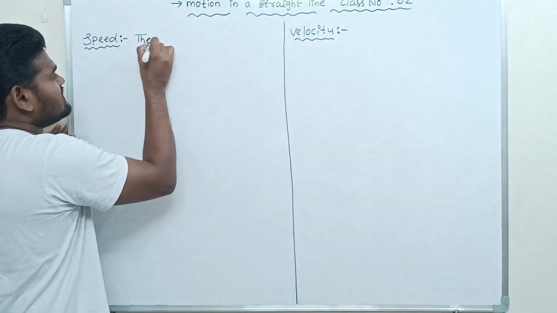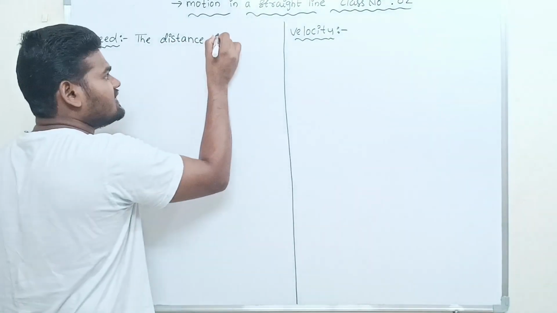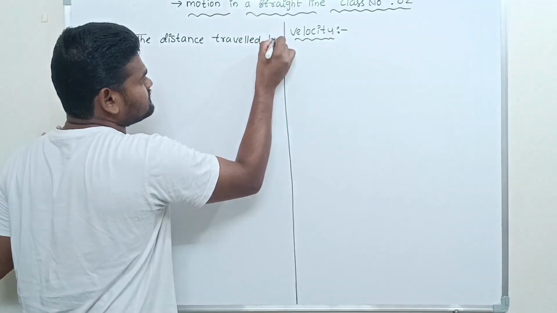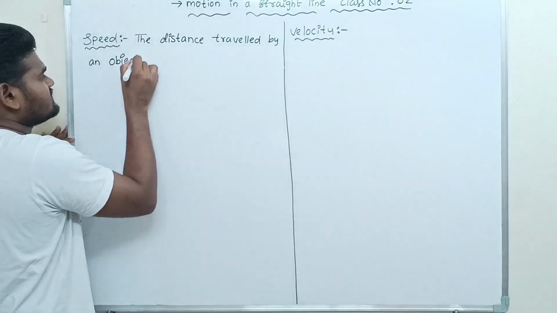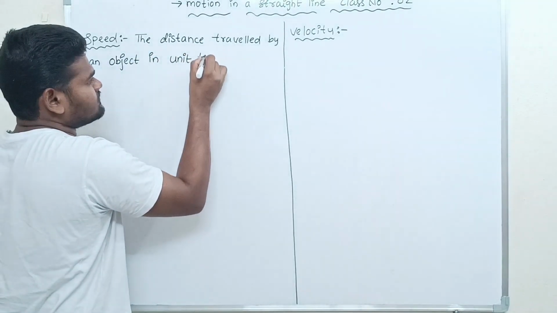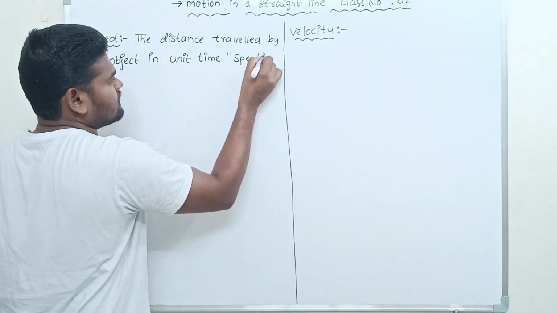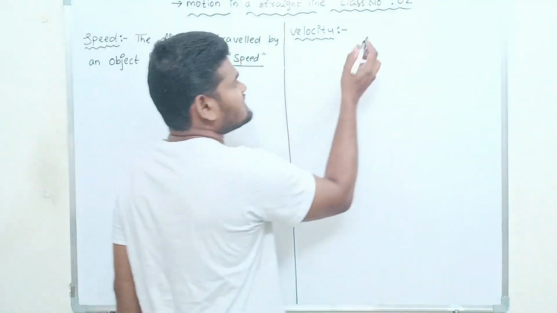The distance traveled by an object in unit time is called speed. What is velocity?